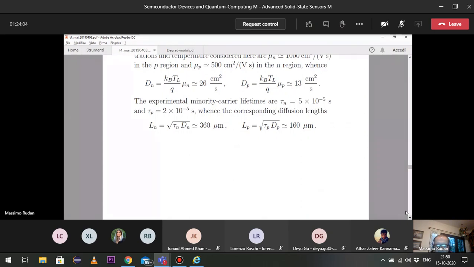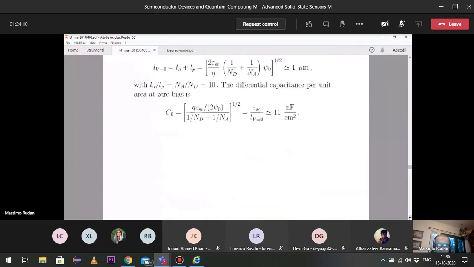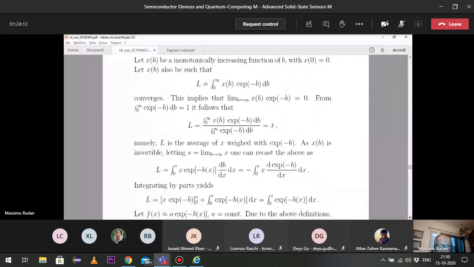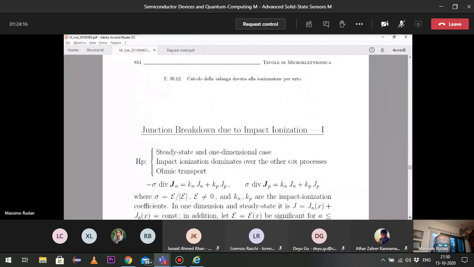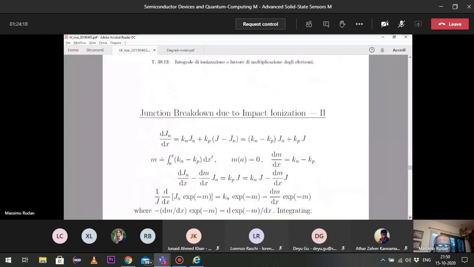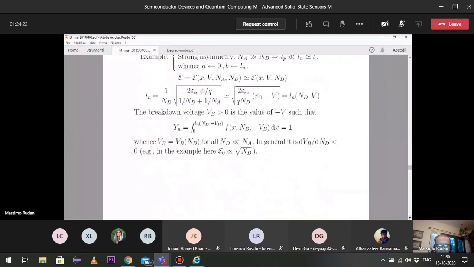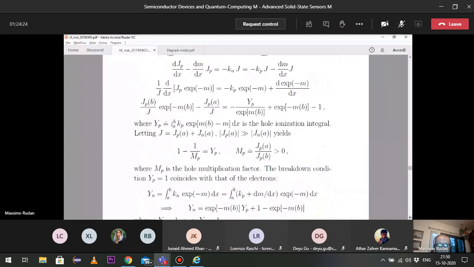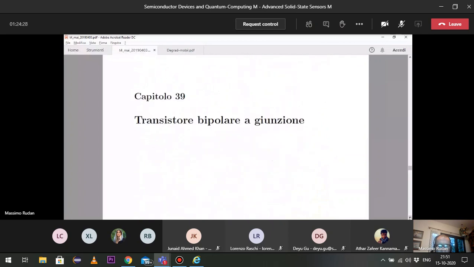So not only it is not true that W is much larger than LB, actually W is much, much smaller than LB, okay? We have about 1 micron for W and about 100 microns for LB or more, okay?